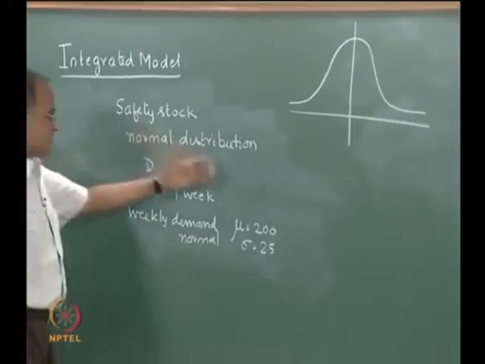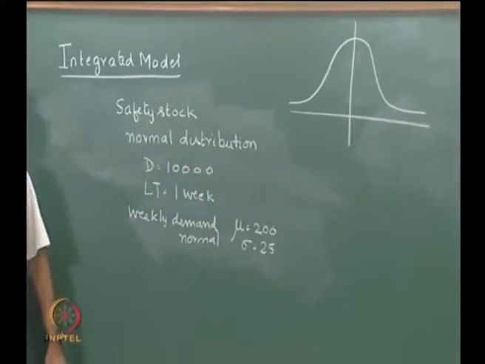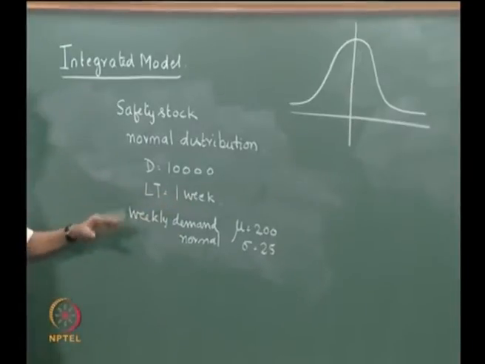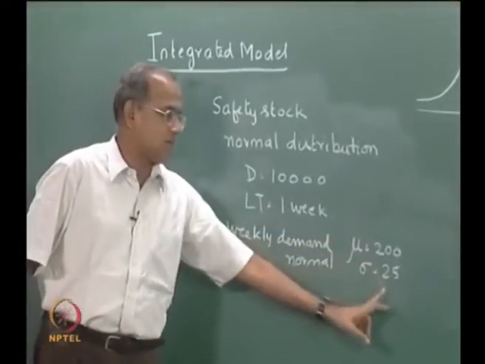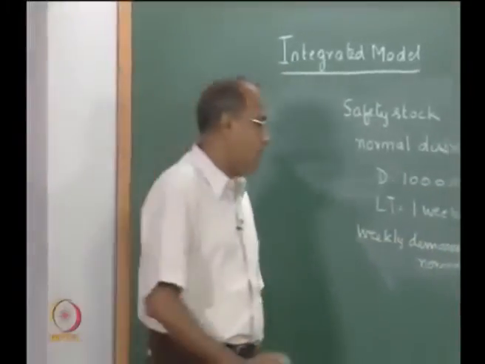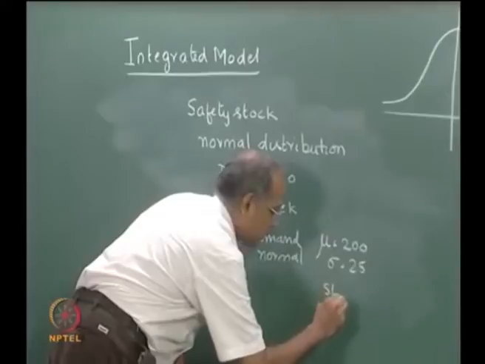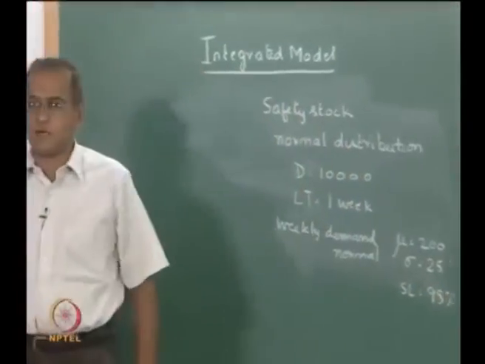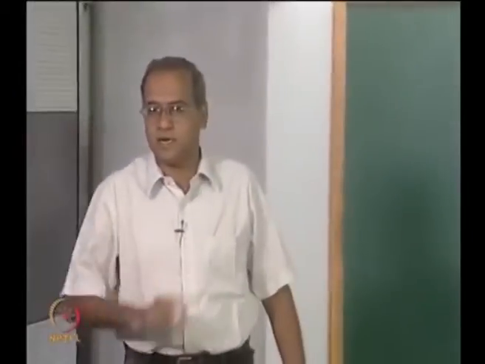Now, we worked out a certain computation and said that if lead time is exactly 1 week and if the weekly demand follows a normal distribution like this, and we want a service level of 95%, what is our safety stock? This calculation we did in the earlier lecture.